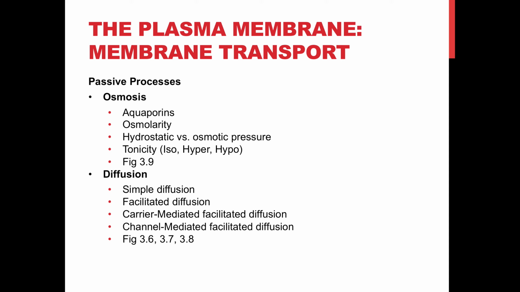We don't need ATP. If there's a high concentration of a certain amino acid or sugar on the outside of the cell, it's being driven into the cell. It just can't get through the membrane, so it has to go through a protein channel or a protein carrier. Okay?